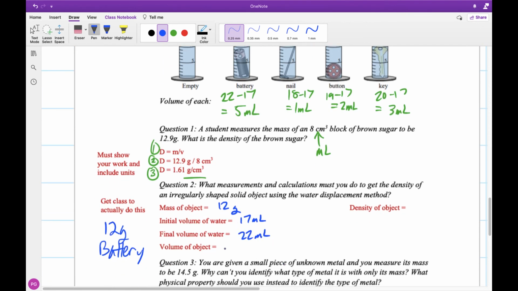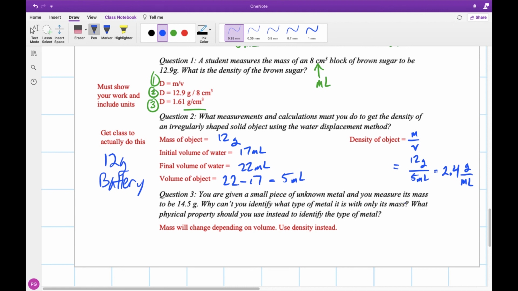So the volume of our object, like we calculated above, is just the difference, which is 5 milliliters. Now we can calculate the density. The density is mass over volume. So that's 12 grams over 5 milliliters, which would give us an answer of 2.4, but don't forget the units, grams per milliliter.